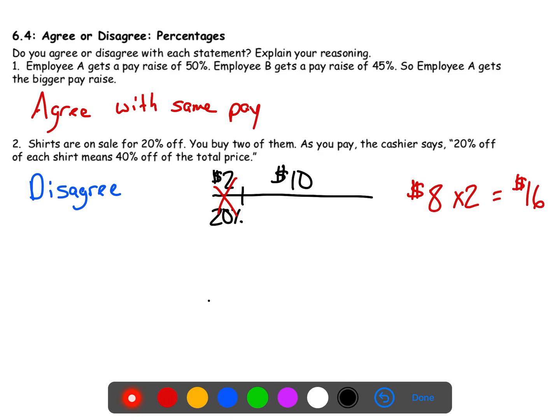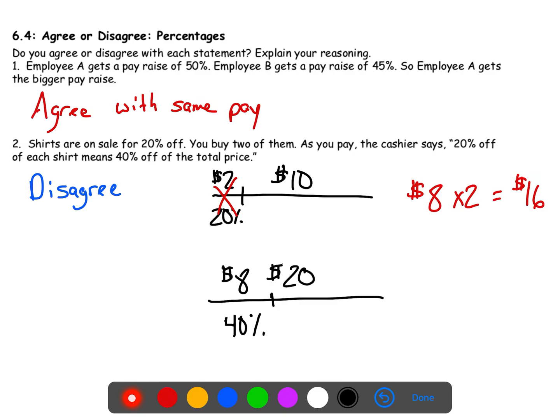But if we look at the total for 2 shirts, that's $20 for the original price. And if we take 40% off of that, we're actually taking off $8.